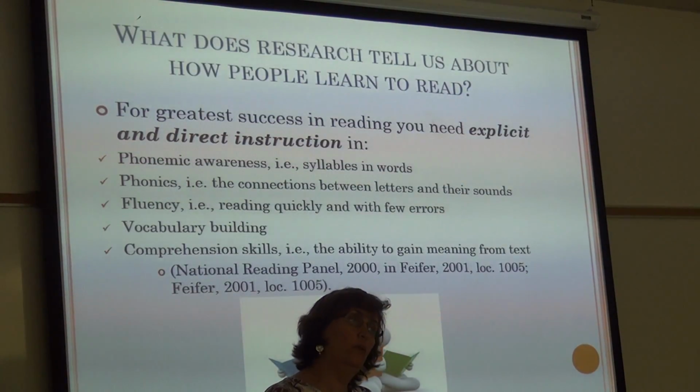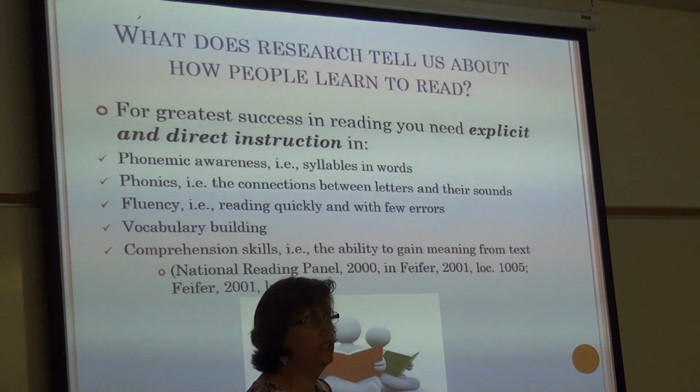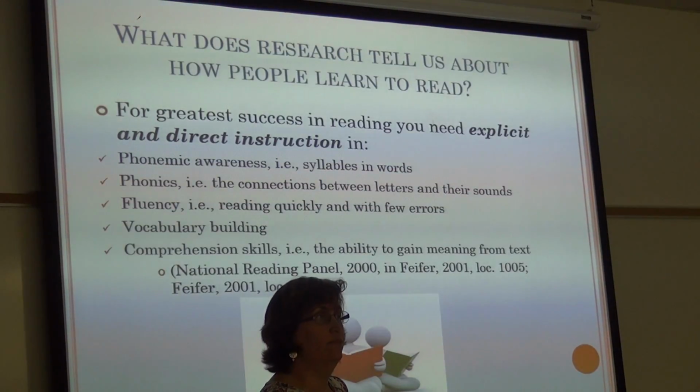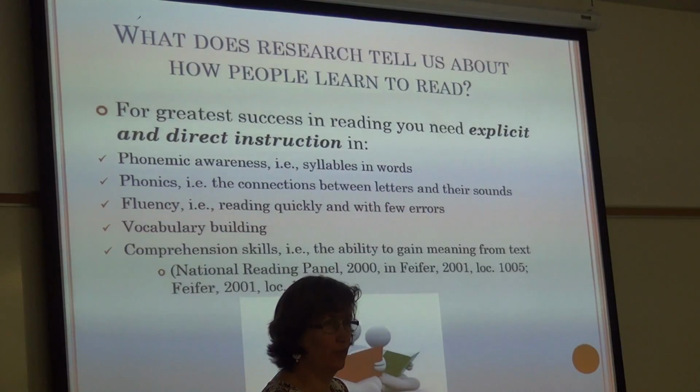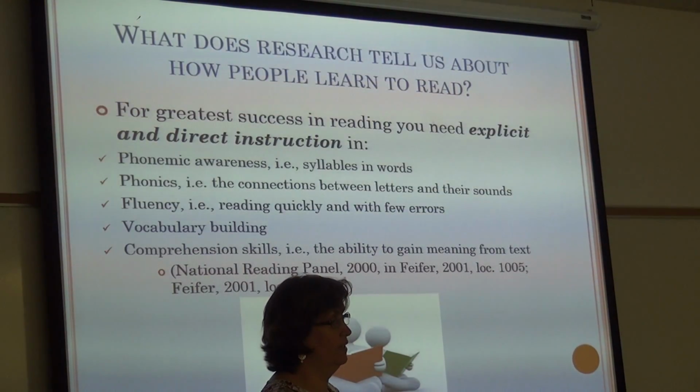We want our intervention and our treatment and interaction with the student to be based on current research, so that we know we're acting correctly with the student. I'm going to tell you a little bit about current research on how people learn to read.